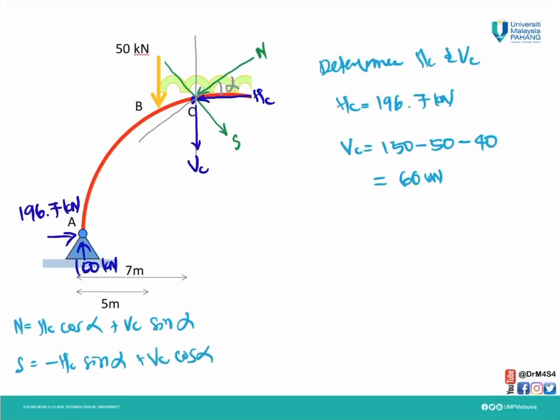We know alpha is dy over dx. We have the equation for y, so we have to differentiate that to find our alpha.